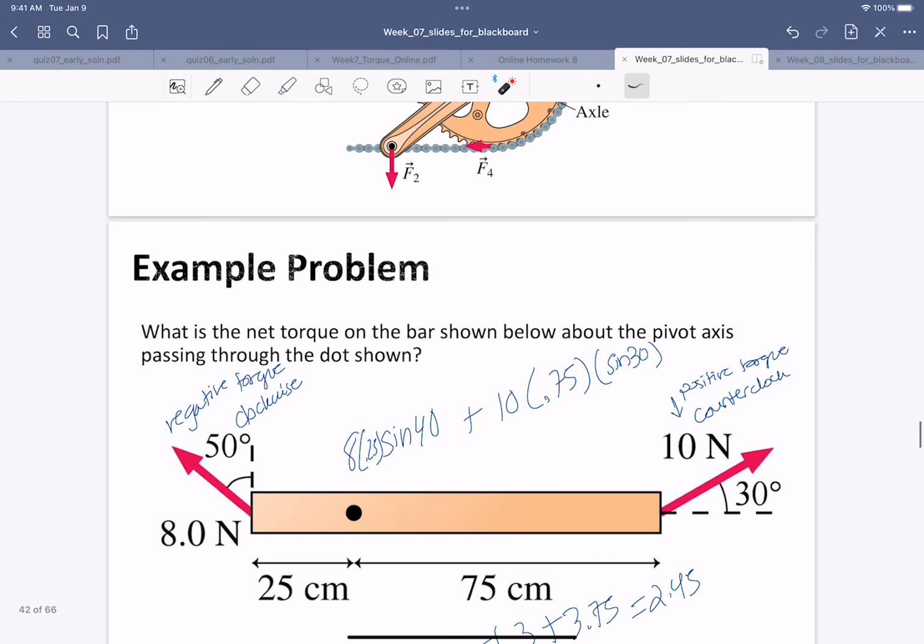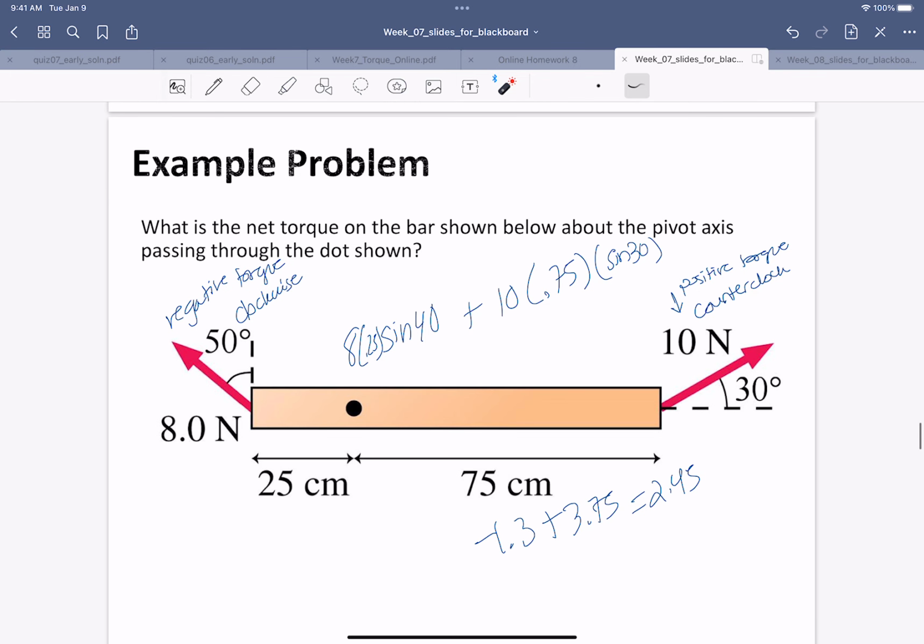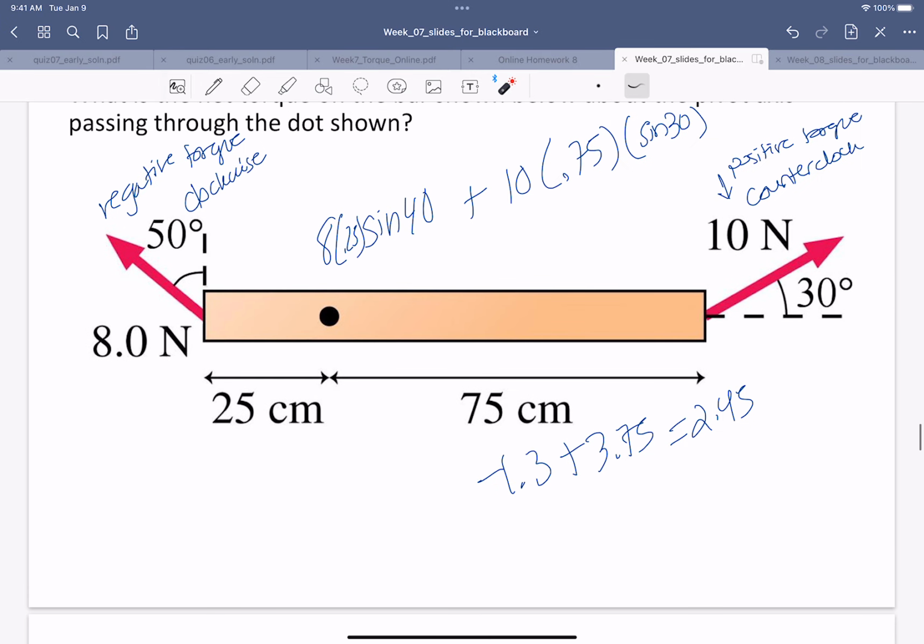Now, the concept of net torque is really just adding up all the torques that you have, right? So if I have this pivot right here, then I want to look at how the forces that are applied, what torques are they going to be exerting.